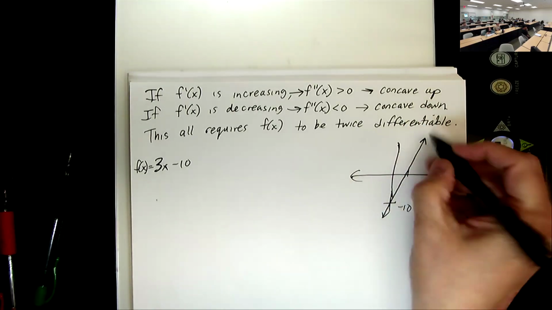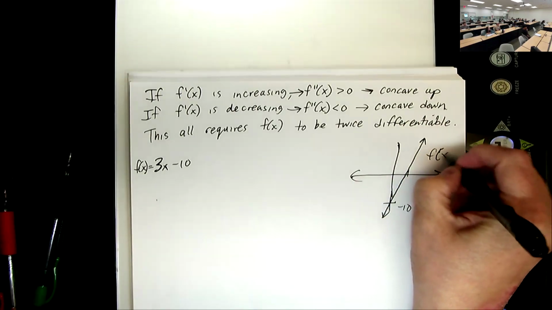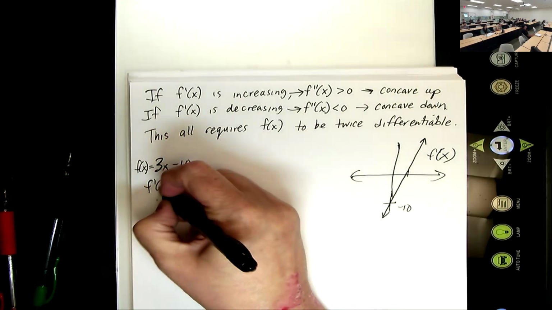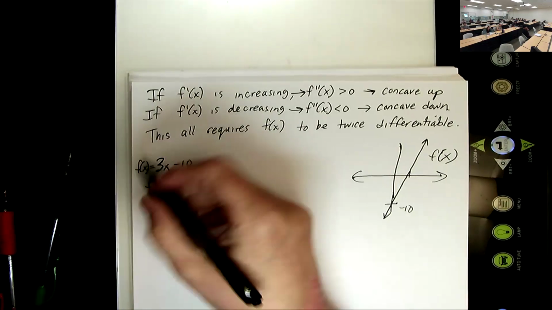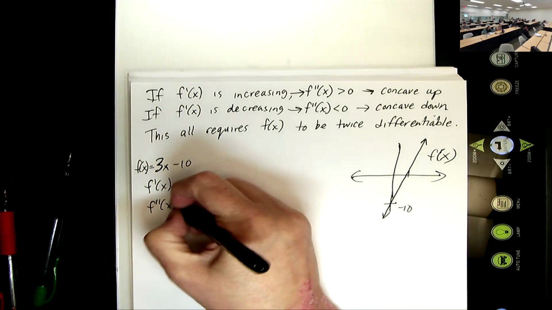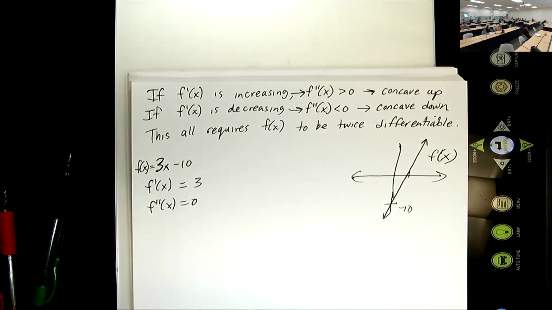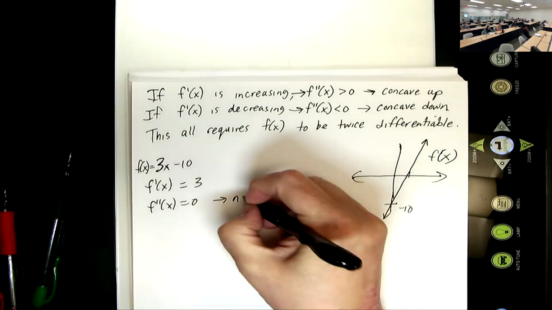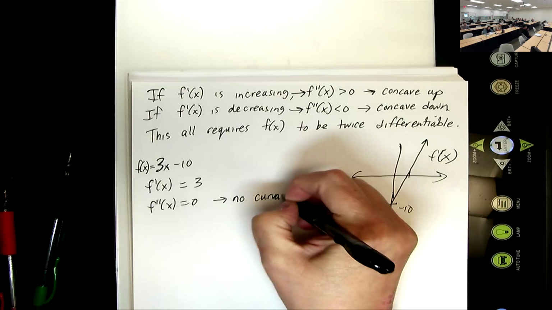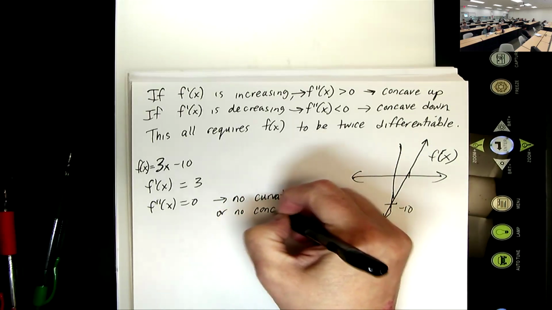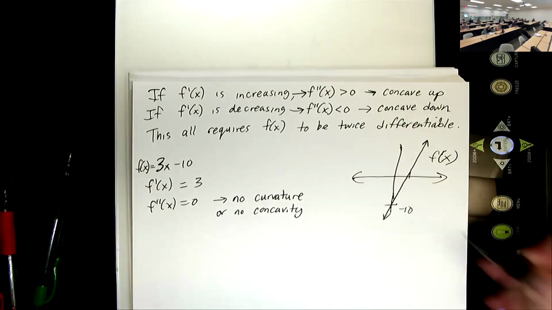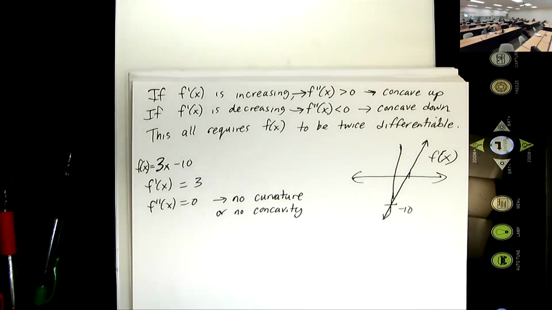So this would be f of x. f prime of x is giving us our slope, which is 3. f double prime of x equals 0. It's saying there's no curvature, or no concavity. And we can see that, it's a straight line, there's no curve.